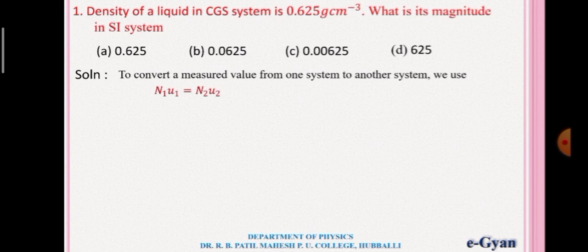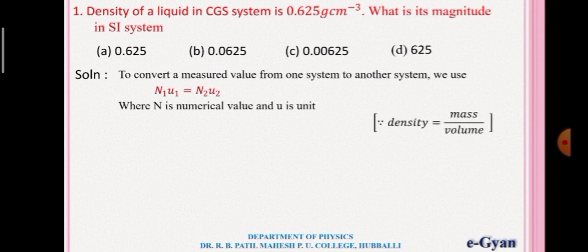Here N1 is magnitude of density of liquid in CGS system, and N2 is magnitude of density of liquid in SI system. U1 is unit of density of liquid in CGS system, and U2 is unit of density of liquid in SI system. We know the expression for density, that is density is equal to mass divided by volume.